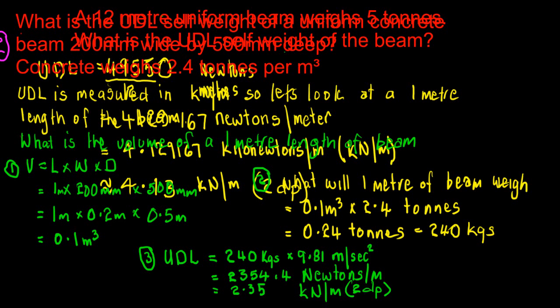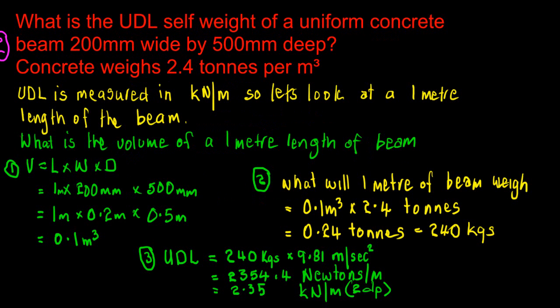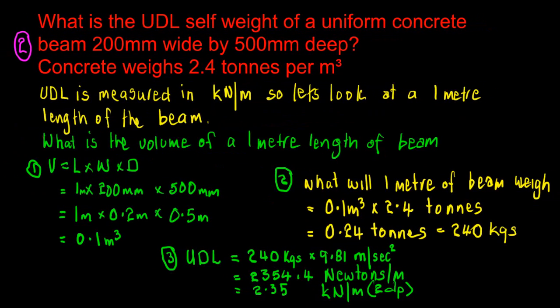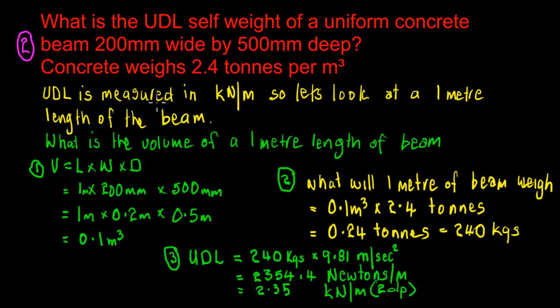So that brings us to the second scenario, where we have the density and volume of a beam, and we can work out the UDL for that. This is scenario 2 that we mentioned at the beginning of this video.